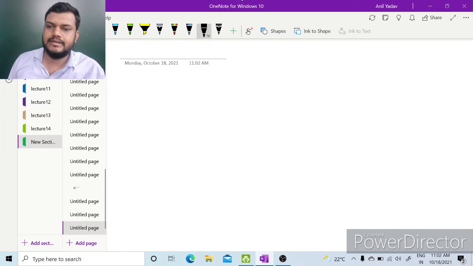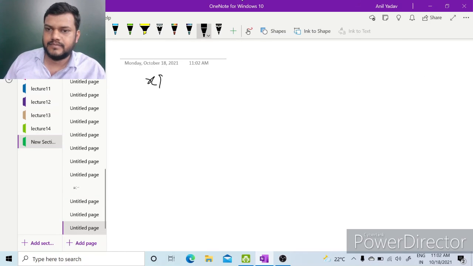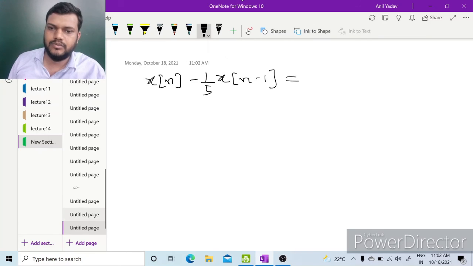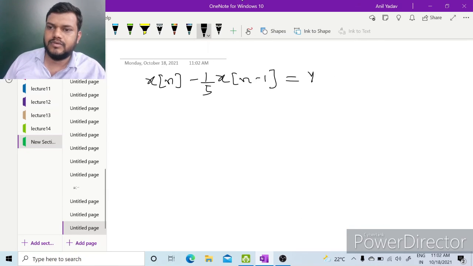Then we get x[n] minus 1 by 5 x[n minus 1] equal to y[n minus 1] minus 1 by 5 y[n].